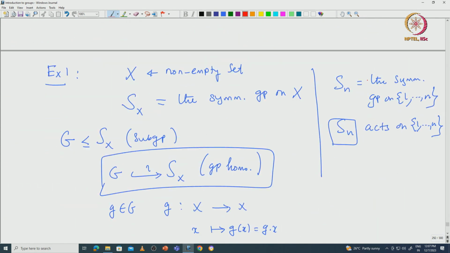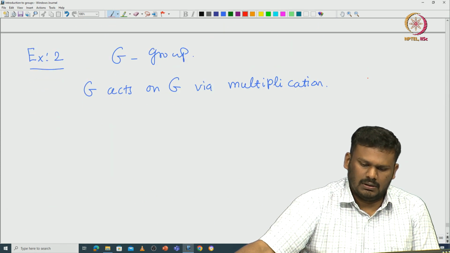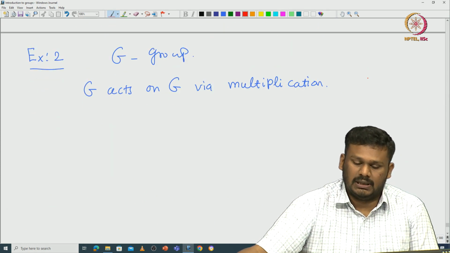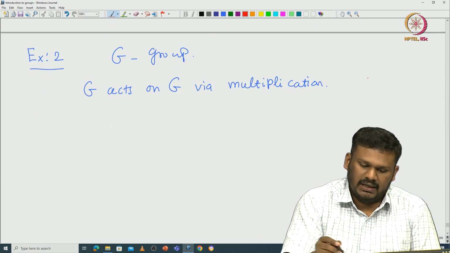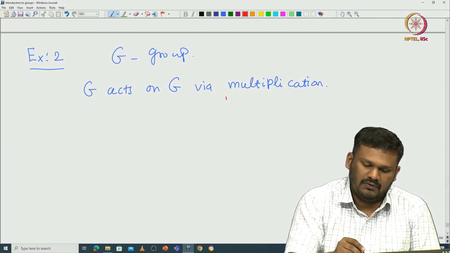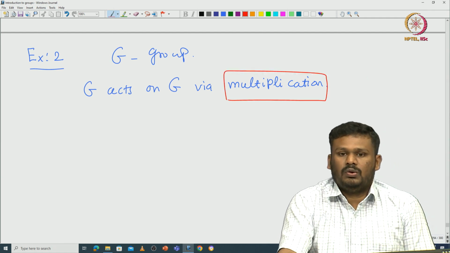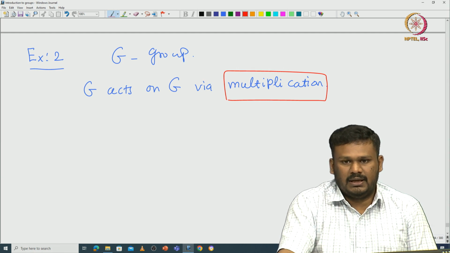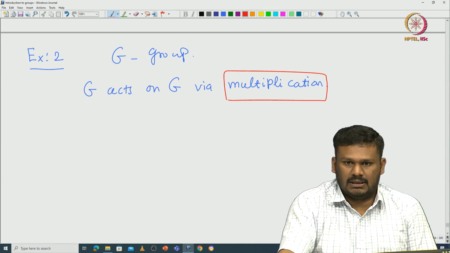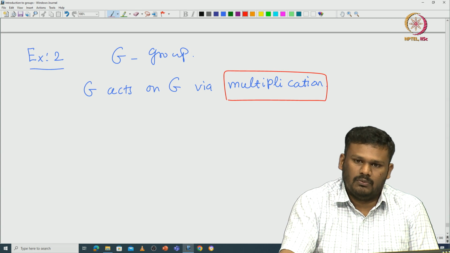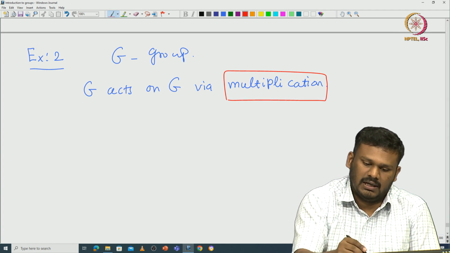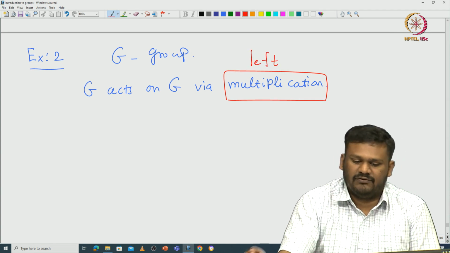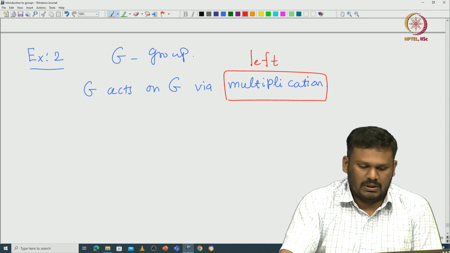Okay. So, now why was I telling you about this? Because when I say G is acting on G via multiplication, there are two ways to multiply. One can multiply by the left as well as by the right. Because I am only interested in the left, we will talk about left multiplication. What is the meaning of this?